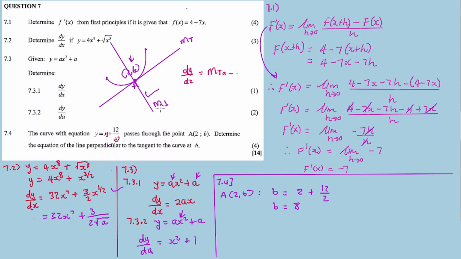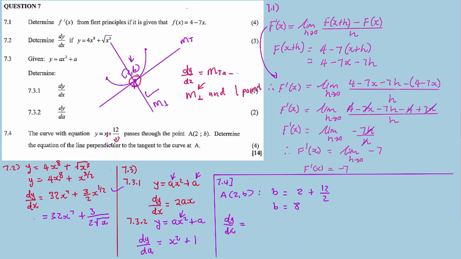It's because in order to find the equation of the perpendicular line, I need a gradient for the perpendicular line and 1 point. The 1 point is to use the coordinates of A, but I also need the gradient for the perpendicular line. So in order to find the gradient for the perpendicular line, I need the gradient for the tangent.